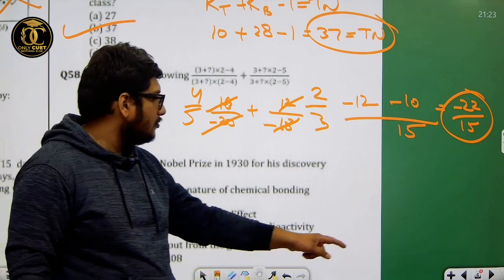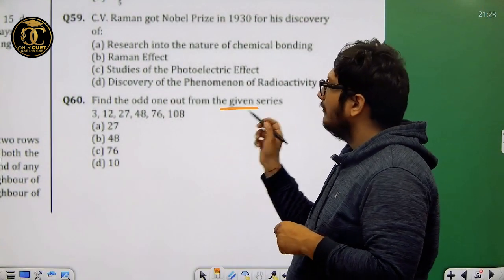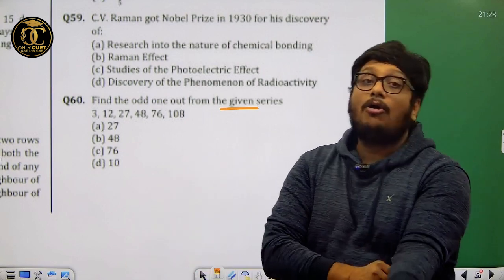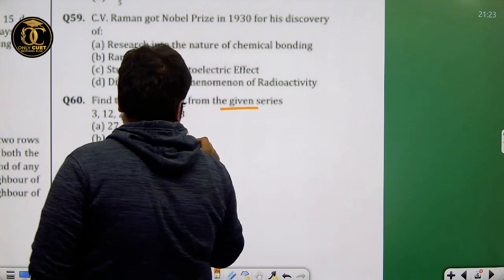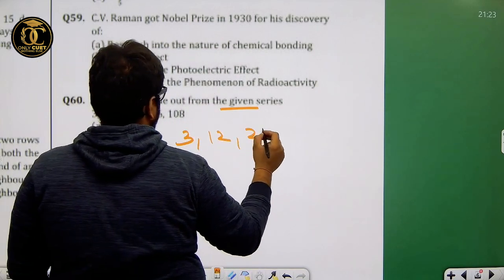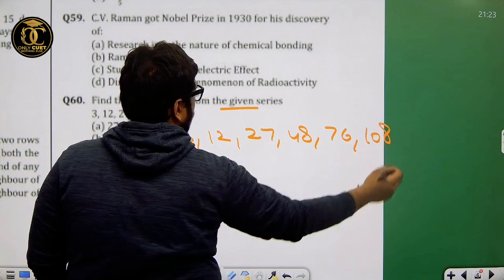Looking at the last question for this year, it says find the odd one from the given series. Series is 3, 12, 27, 48, 76, 108.